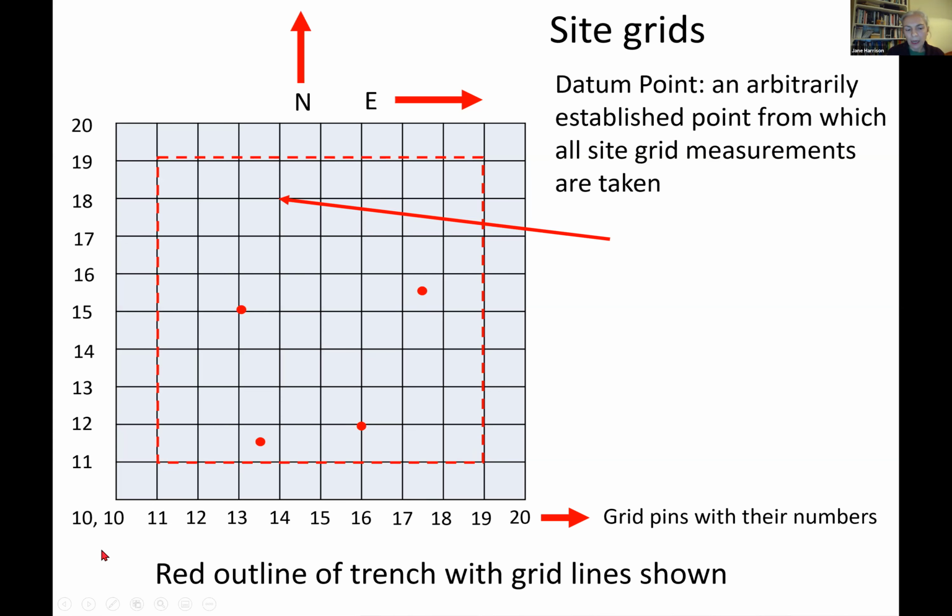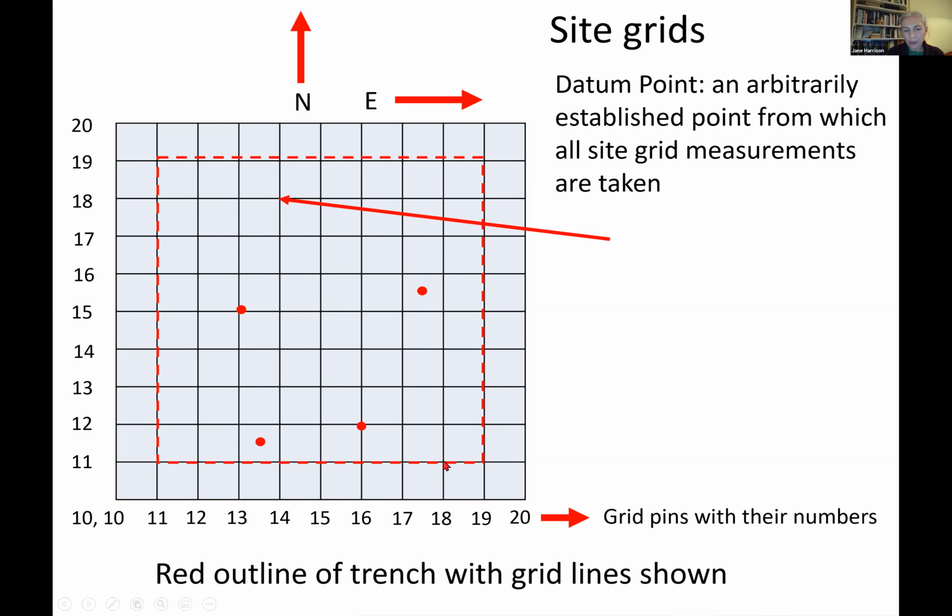It will be using nice straightforward numbers, but then the system works exactly the same as reading a map reference. So you have an arbitrarily established point outside of your trench. There's a 0, somewhere off the slide, and all the site grid measurements are taken from that point.